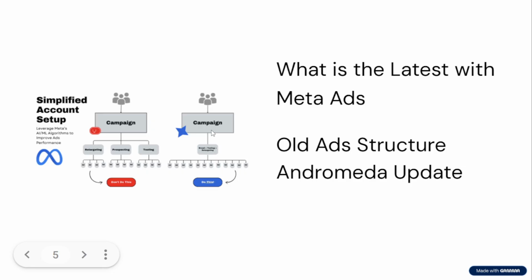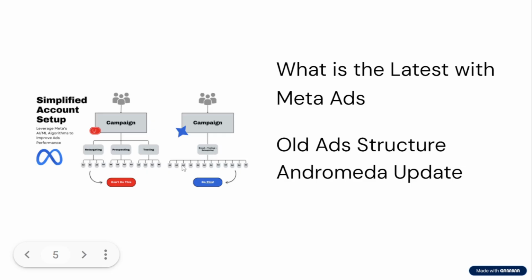Now we've moved to the Andromeda system, the Andromeda way of doing things, which simplifies everything. So now you have your campaign, and you have your broad targeting, you have your prospecting, you also have your retargeting. So you've removed the testing phase now, because you are going to be having it as one single ad set, and you have multiple arrays of creative.